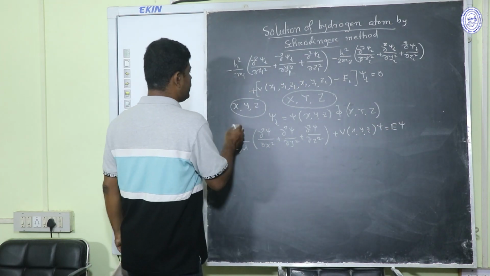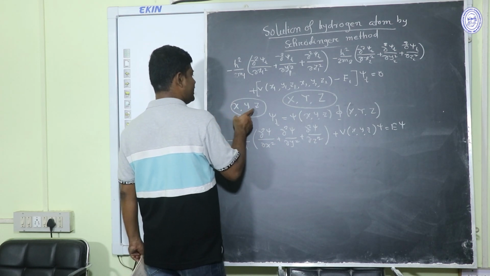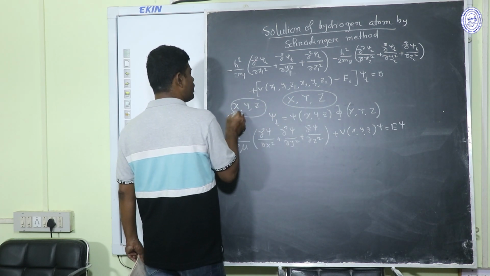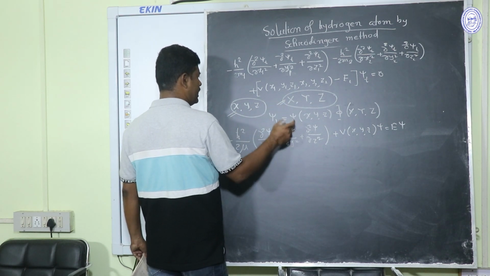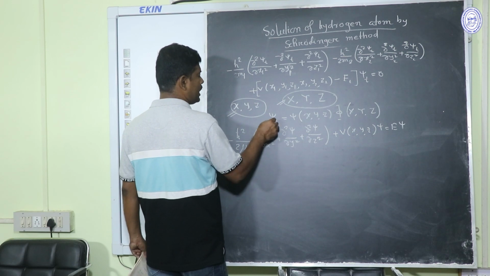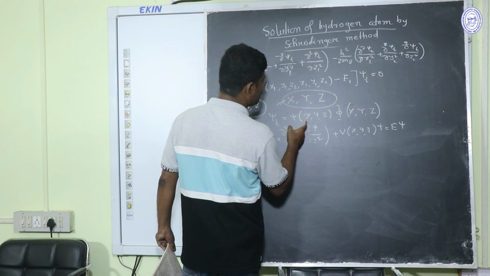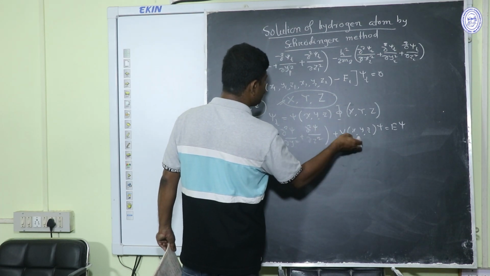So, we introduce the variables x, y, z and the variables capital X, capital Y, capital Z. These are the relative coordinates of the electron with respect to the nucleus. The other is the coordinate of the center of mass of the electron and nucleus, and we also assume ψt as a product of ψ, which is a function of only the relative coordinate of the electron, and capital Φ, which is a function of the center of mass.